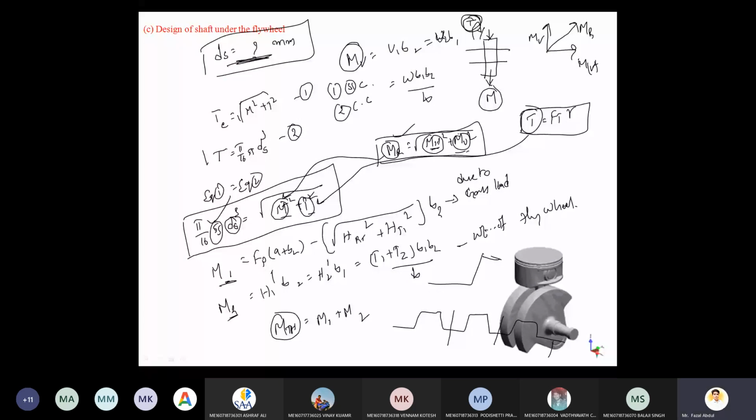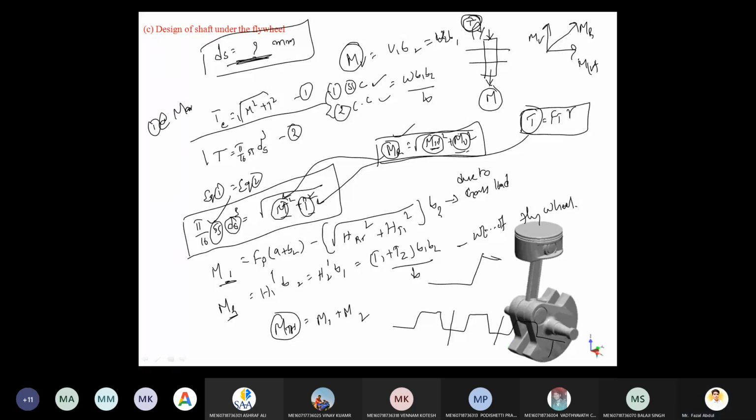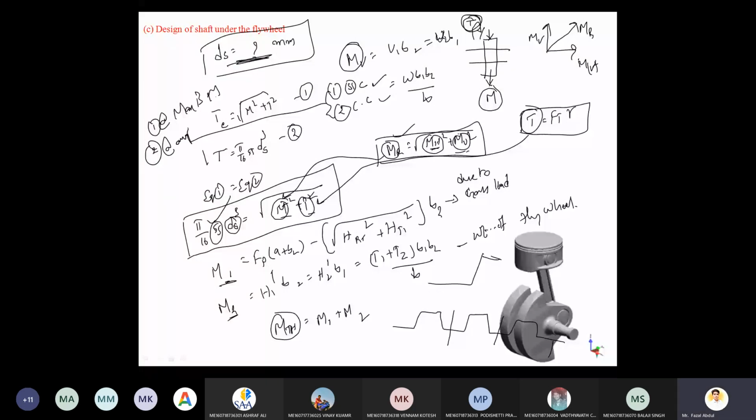First one is at dead center, maximum bending moment, and second one is at an angle, maximum twisting moment.